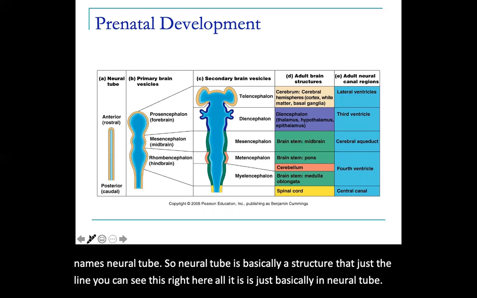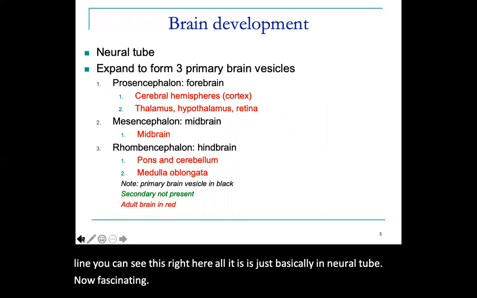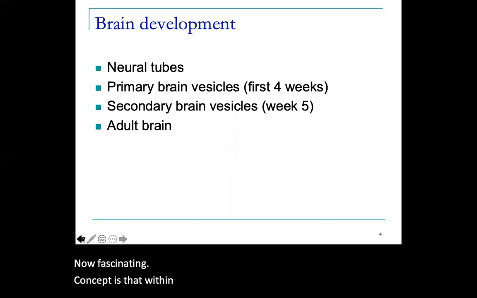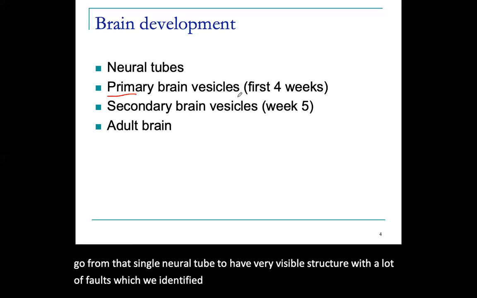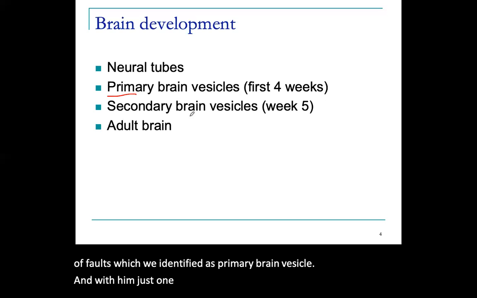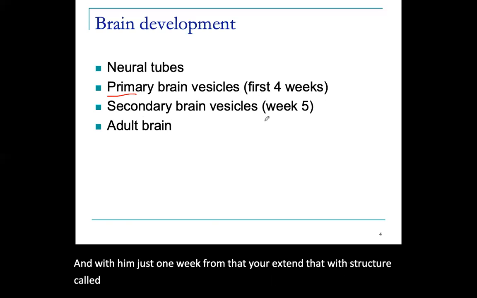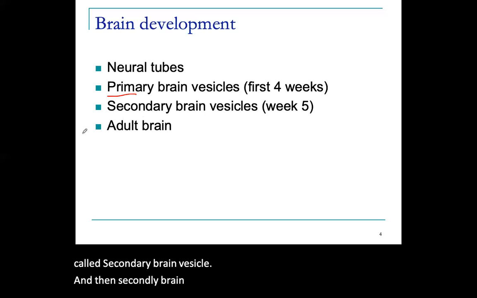Now, a fascinating concept is that within the first 4 weeks of embryonic development, you go from that single neural tube to a very visible structure with a lot of folds, which we identify as primary brain vesicles. And within just 1 week from that, you extend that to a structure called secondary brain vesicles. And then secondary brain vesicles extend to become what we identify as the adult brain.